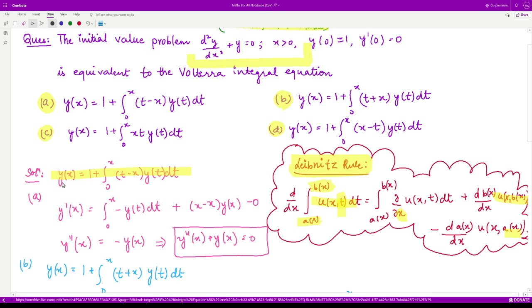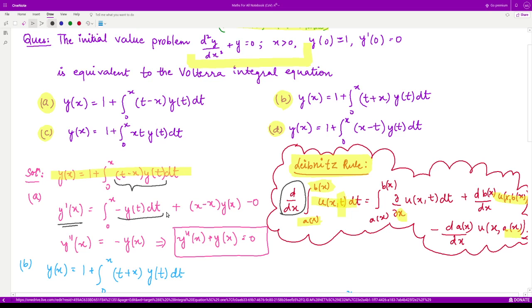For the first option we have y(x) is equal to 1 plus the integration from 0 to x of (t minus x) y(t) dt. If you differentiate it once, you'll get y dash x with respect to x. So y dash x is equal to the derivative of 1, which is 0, plus the integration from 0 to x of the partial derivative of this thing with respect to x. Since t is constant, it would be minus 1 into y(t) dt.